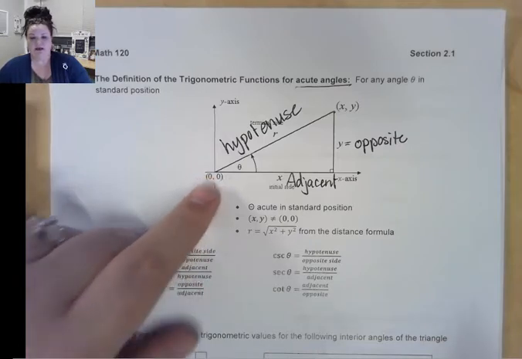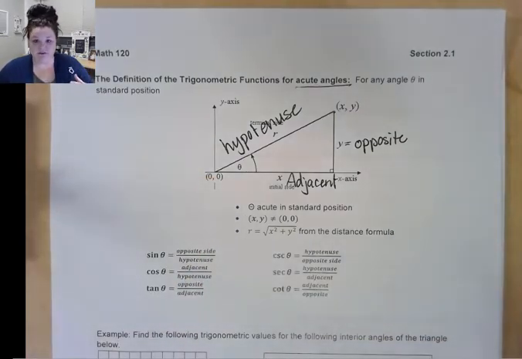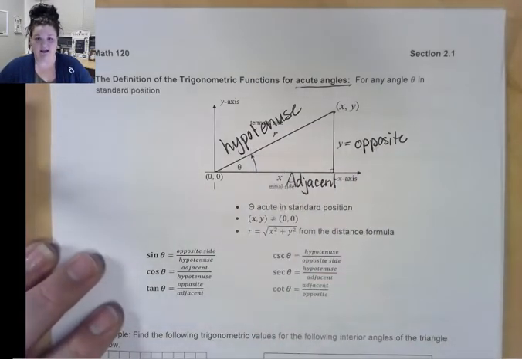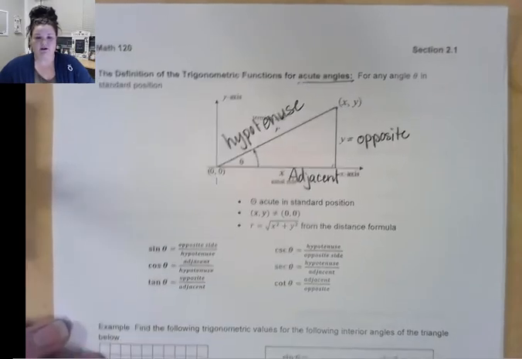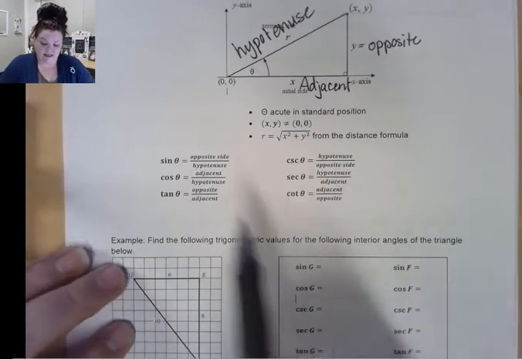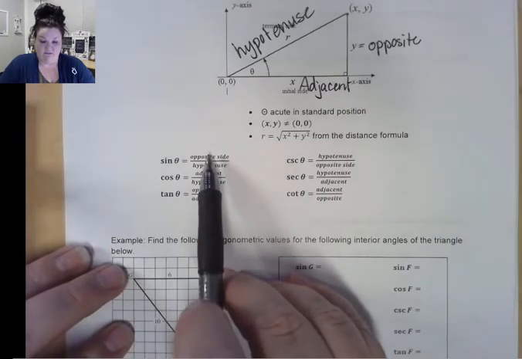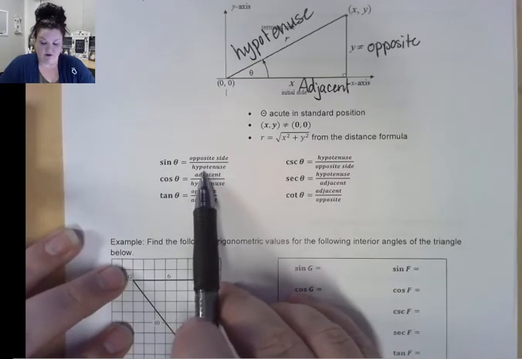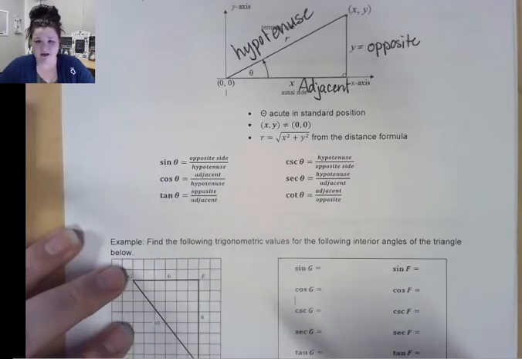Same way that we defined our trig functions before, except now instead of using x, y, and r, we're just going to say opposite, adjacent, and hypotenuse. So instead of defining sine as y over r, we're going to define it as opposite over hypotenuse. There's a fun way to remember this.